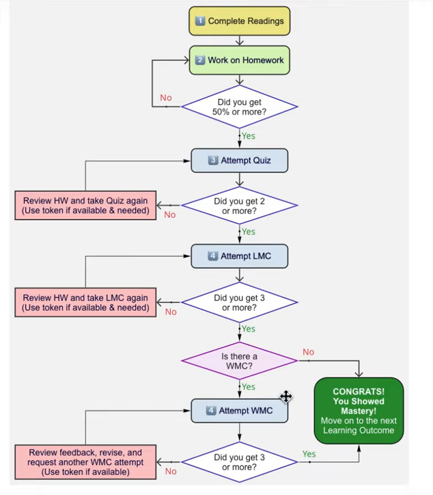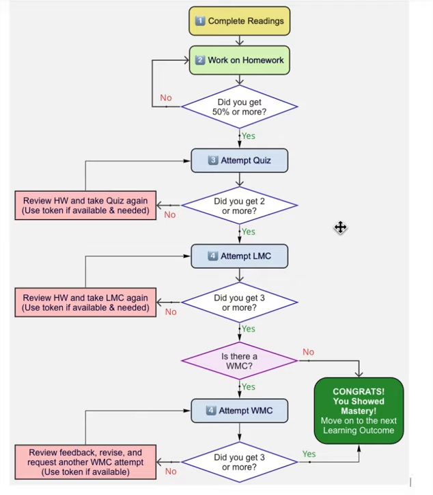If there's a writing mastery check, you would attempt that. Once you move all the way down through this diagram and end up with the arrows leading to this green box, you then know you're done with that learning outcome until the final exam, and then you move on to the next learning outcome, maybe learning outcome number 2.